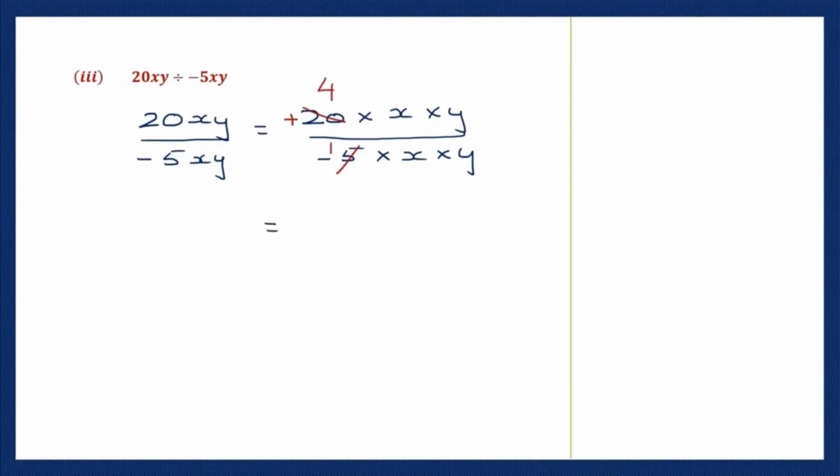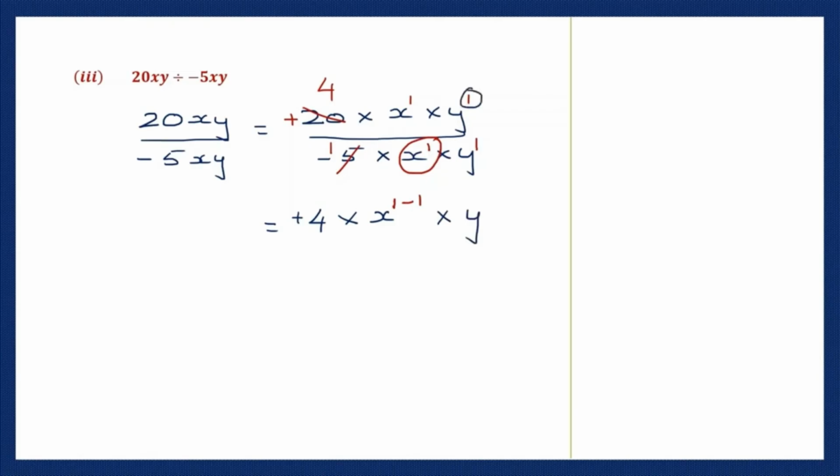So here I have 4 plus 4 in the numerator and x to the power of 1. This is 1 and this is 1. Y also I have 1. Using the exponent law, it's 1 and then this x minus 1 into y.